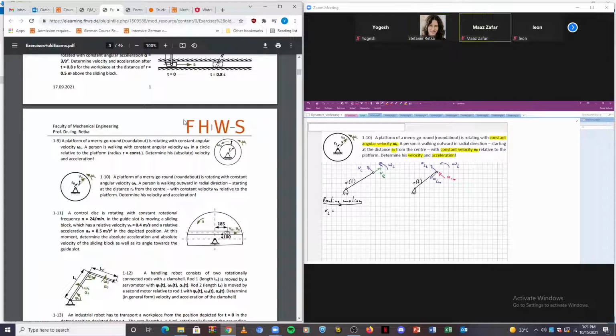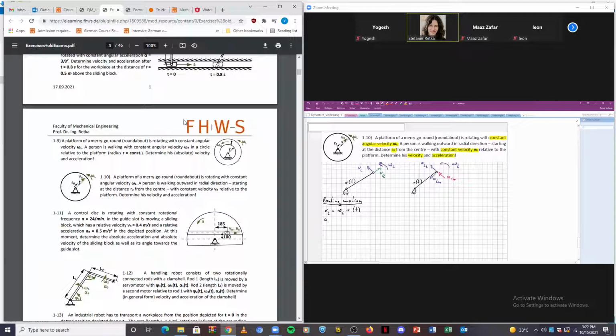Yeah, that's correct. Okay, our leading velocity for a circular motion can be obtained by angular velocity multiplied with the radius, keeping in mind that our radius is time dependent.